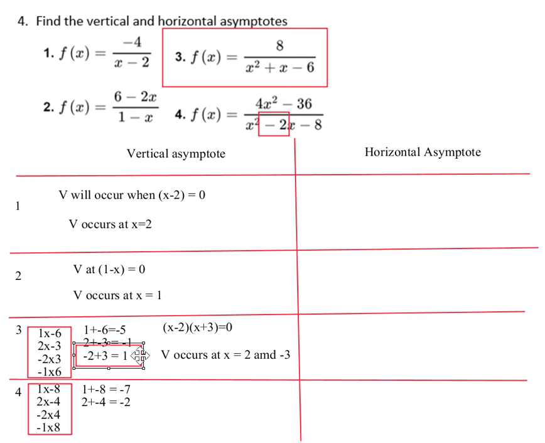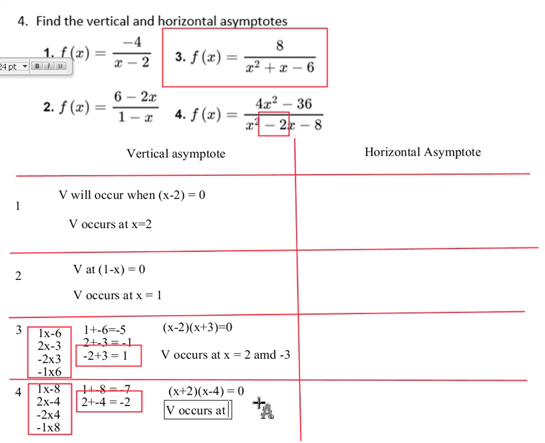We found our combination. So again, we can just write that: (x plus 2) times (x take 4), and again, we want that to be 0. So we can potentially get 0 if x equals what? Yep, correct.